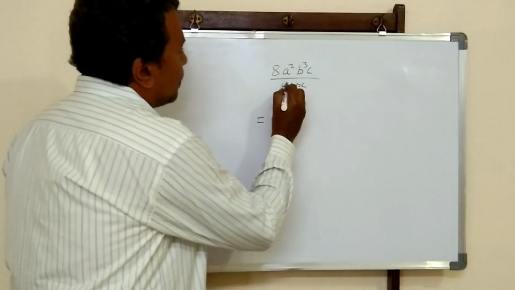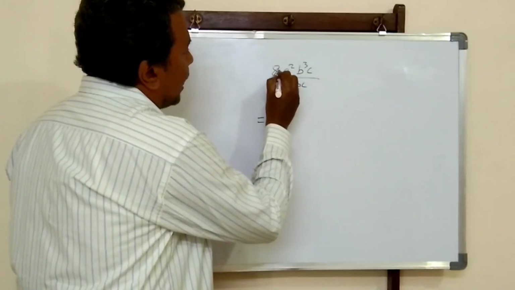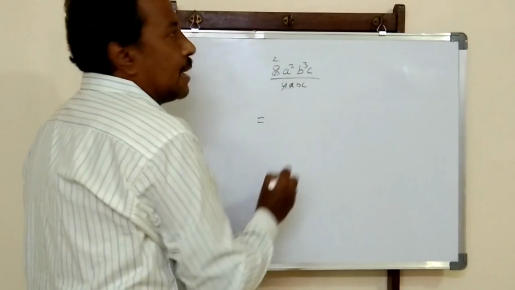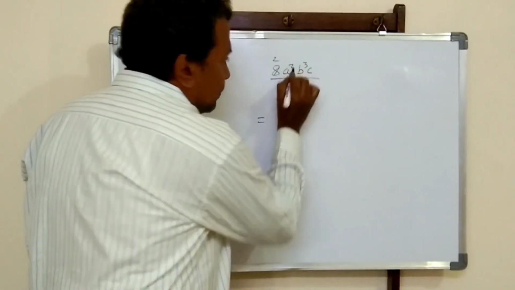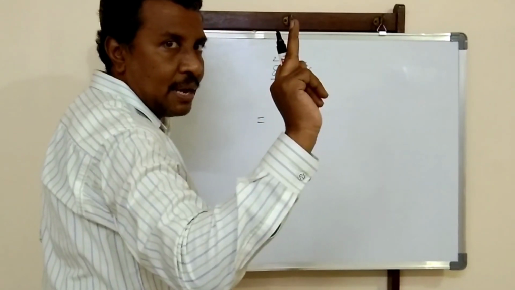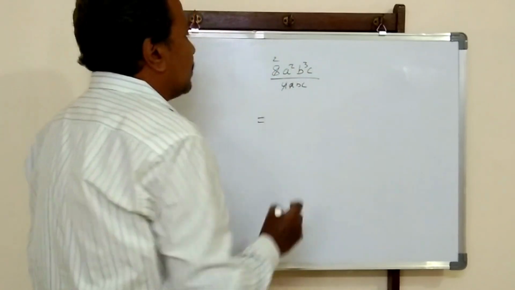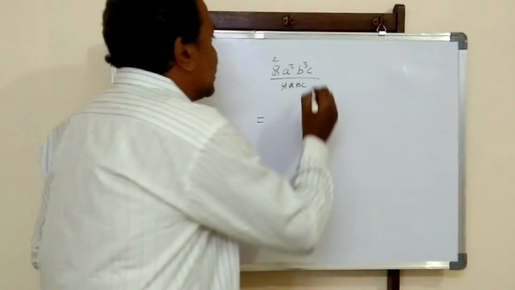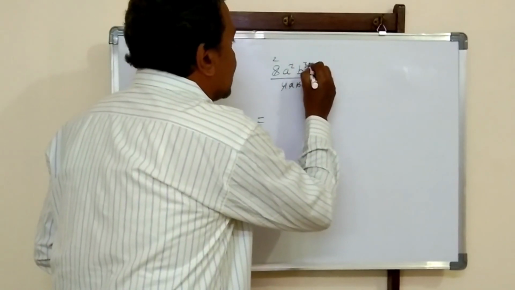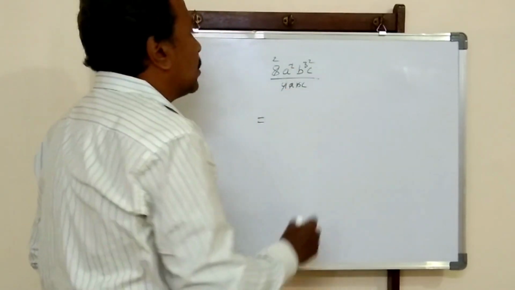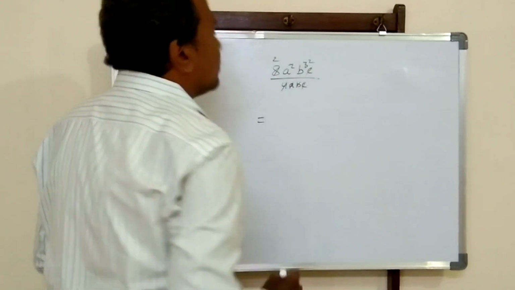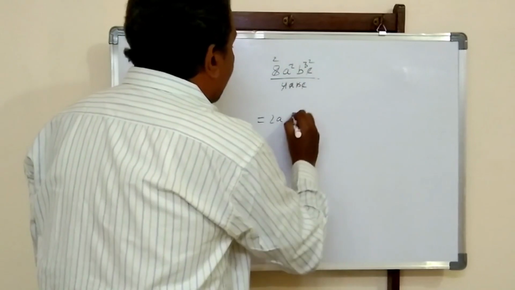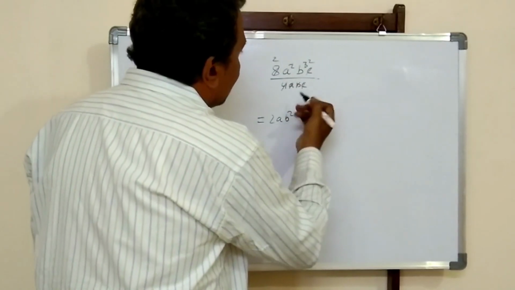Simply, 4 divides 8 two times. Cancel a: there are 2 a's, 1 a got cancelled, so the remaining is 1 a. Here there are 3 b's, so 1 b will be cancelled, and the remaining power is 2. c is cancelled.